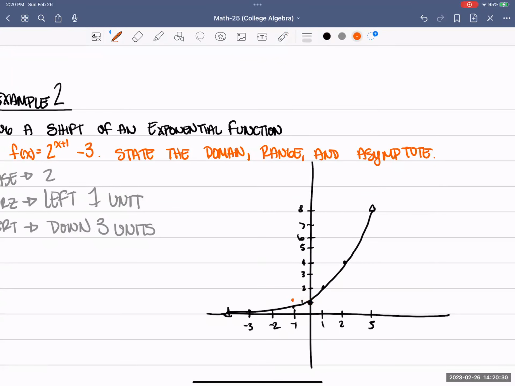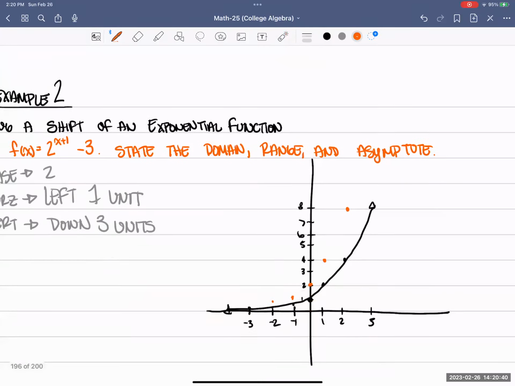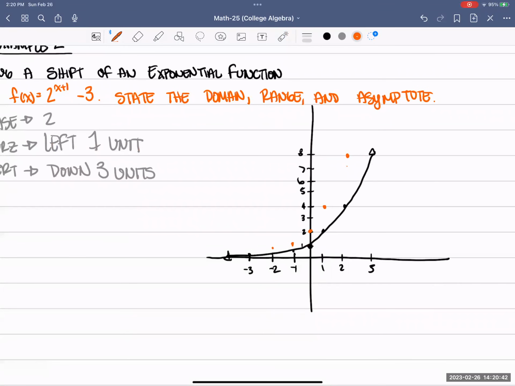Left 1 unit here, left 1 unit here, left 1 unit here, left 1 unit here. But also going down 3 units. So down 1, 2, 3. So let's remove these here.